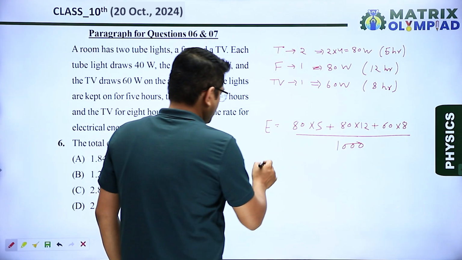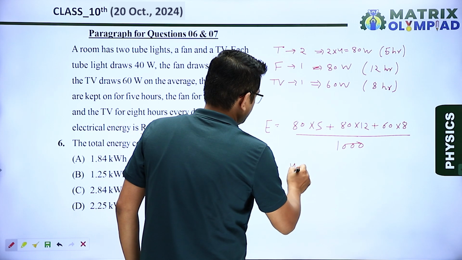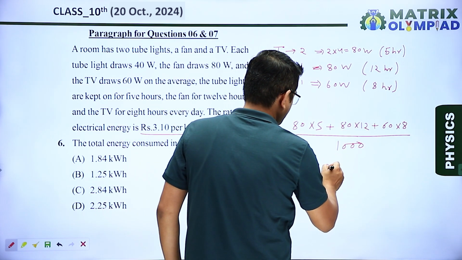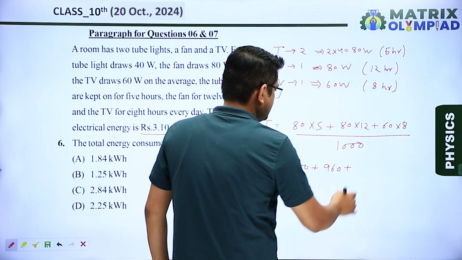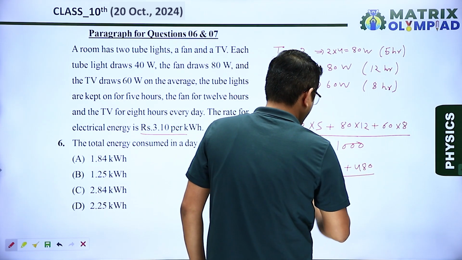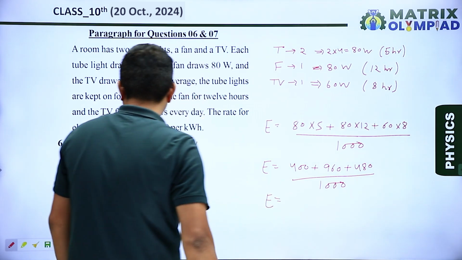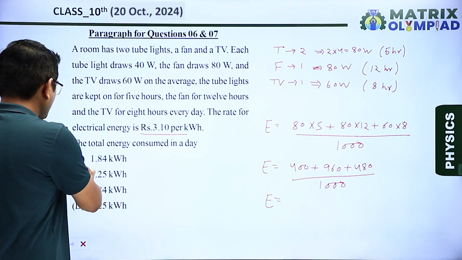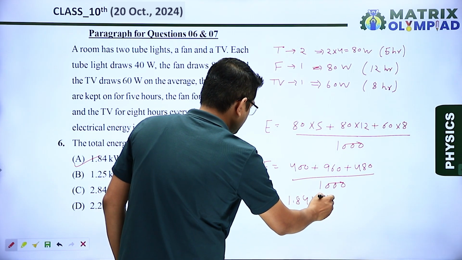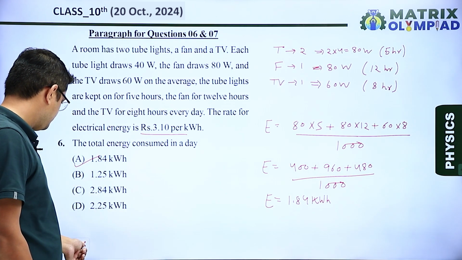So 80 into 5 is equal to 400, this is equal to 960 and this is equal to 480, divided by 1000. So by simplifying this, you will get the answer which is equal to 1.84 kilowatt hour. Okay, so correct answer is option A.